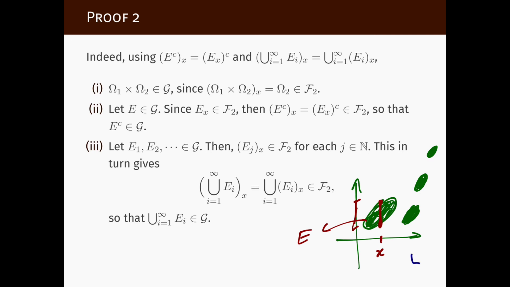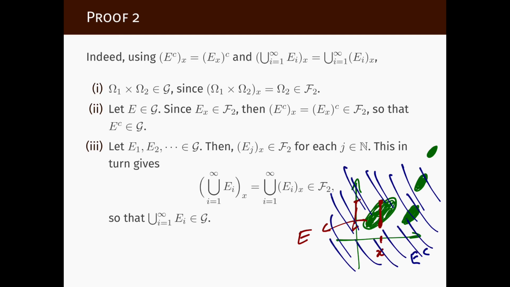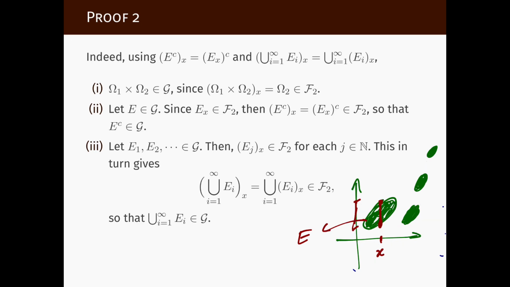The complement of E will be everything except this green lake here. And when we take the section of this complement, it will coincide with the complement of the previous section, which is what is being said here.